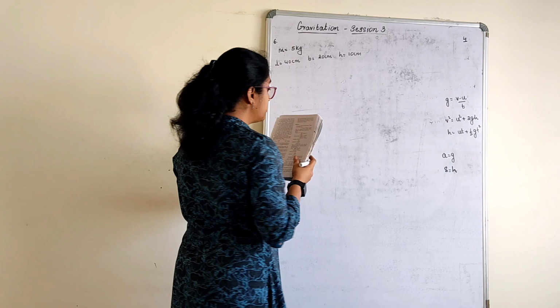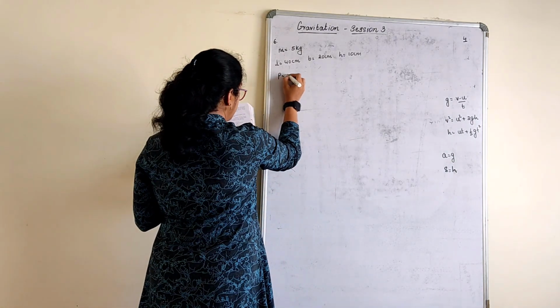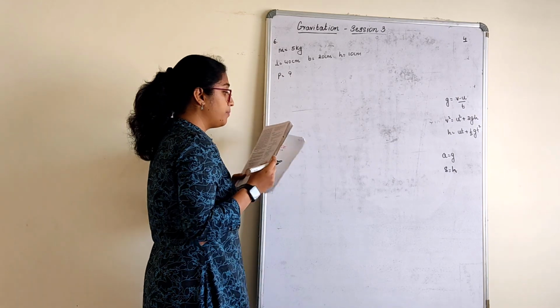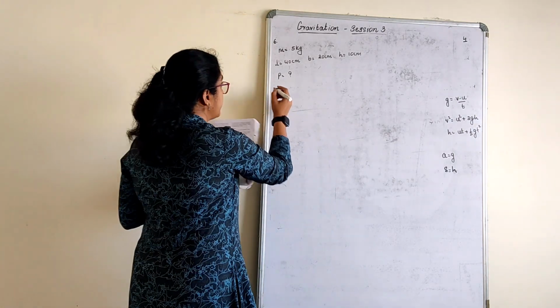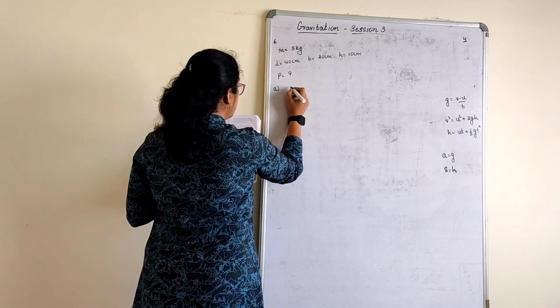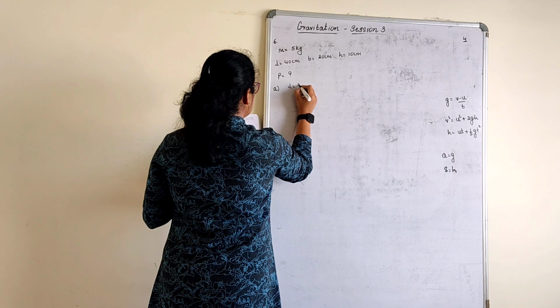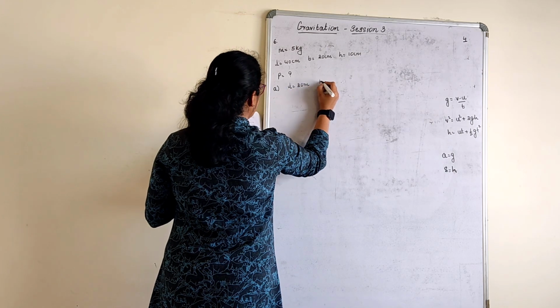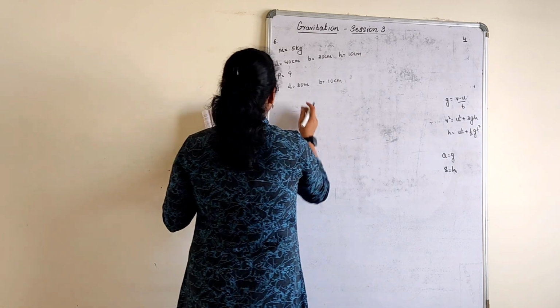Find the pressure exerted by the wooden block on the tabletop. Find the pressure exerted on the tabletop if the box is made to lie along with the dimensions, length is equal to 20 centimeter and breadth is equal to 10 centimeter.